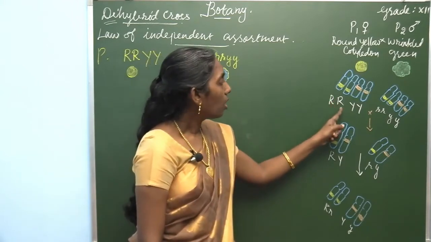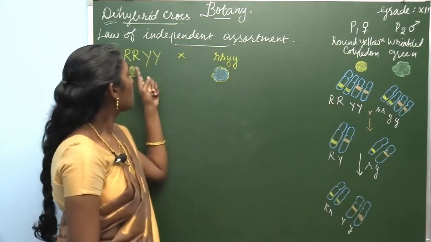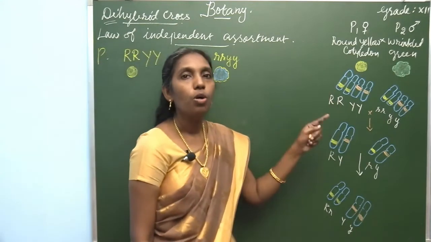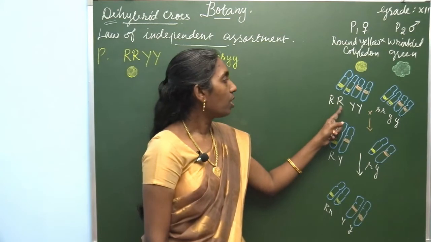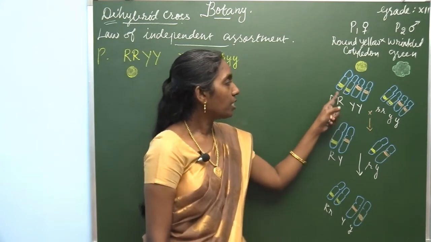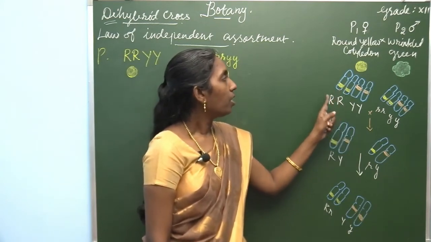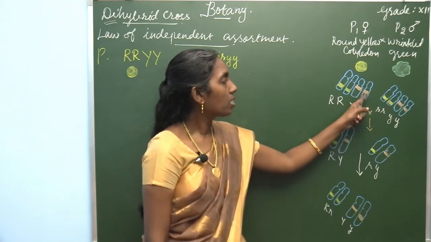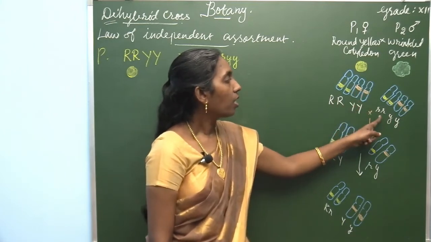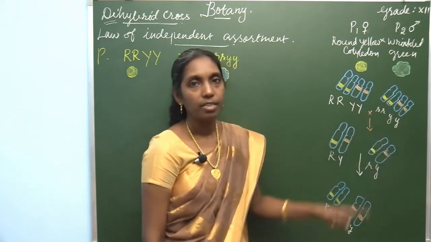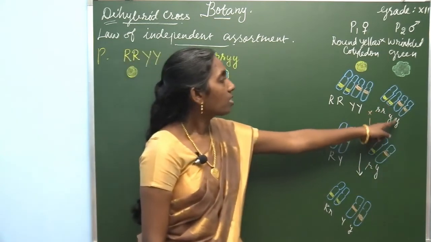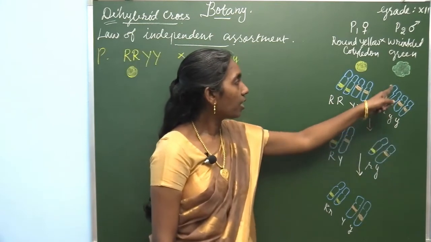This is the RR, capital R, this trait which is shown in the chromosome. The round shape represents this chromosome, and round yellow, this color shows the yellow, and smaller wrinkled and wrinkled green. This is green color. This is wrinkled shape.